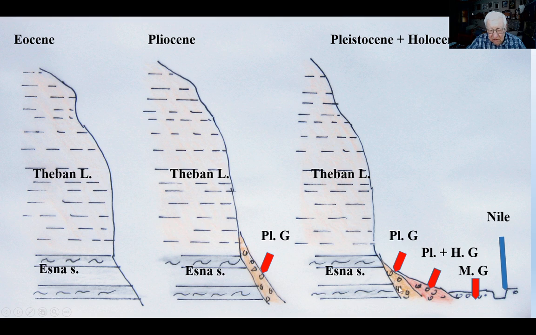They are collected at first position, at second position, and at third position at the shores of the Nile Valley. This is the Nile Valley, and this is the place where the Nile is present now.